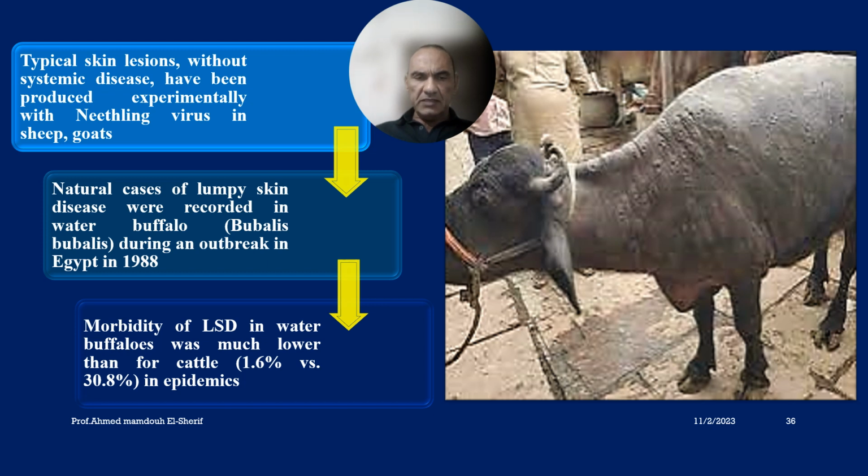Morbidity of lumpy skin disease in water buffalo was much lower than that for cattle and reached 1.6% in epidemics, then 30.8% in epidemics in cattle.